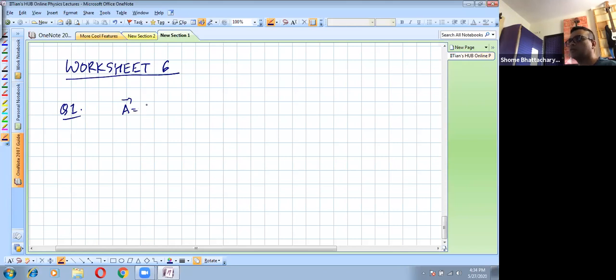Okay. So given vector A is 4i cap minus 2j cap plus 6k cap. And vector B is given as i cap minus 2j cap minus 3k cap.